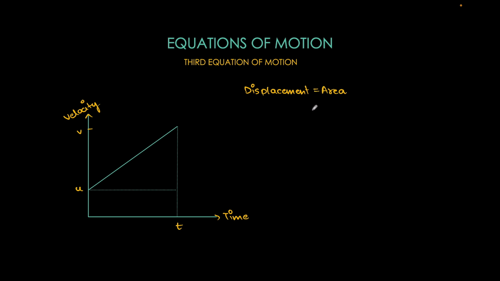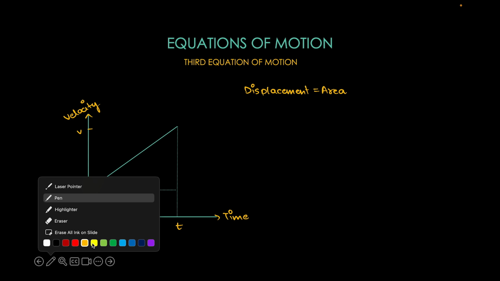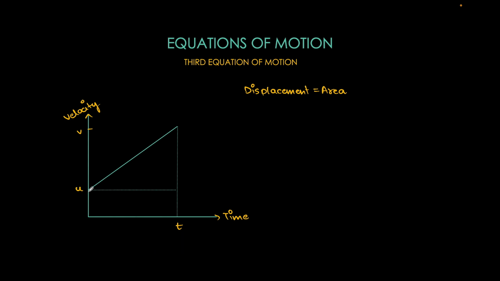Now, earlier we summed up the area of this triangle and this rectangle, right? But in this case, for the third equation of motion, we'll not just sum up the area of the triangle and the rectangle. What we'll do is find the area of this particular trapezium. If you see nicely, this shape is the shape of a trapezium, right? So we need to find this entire area.